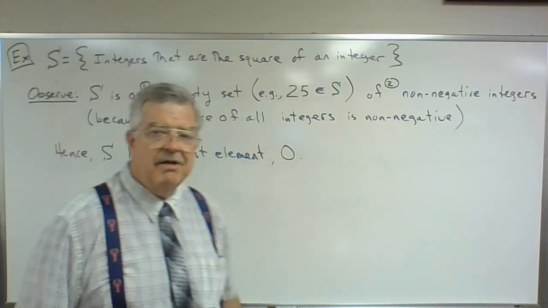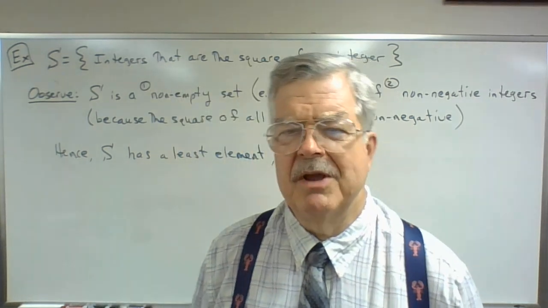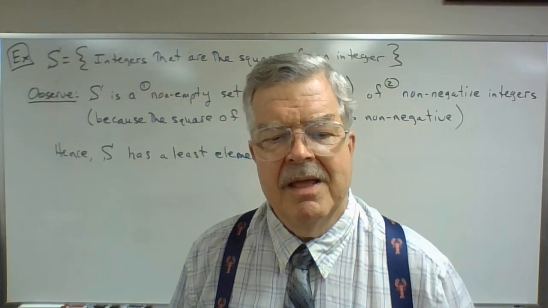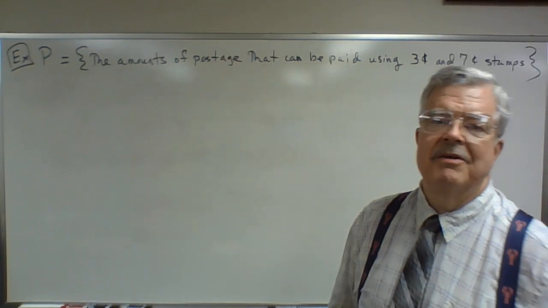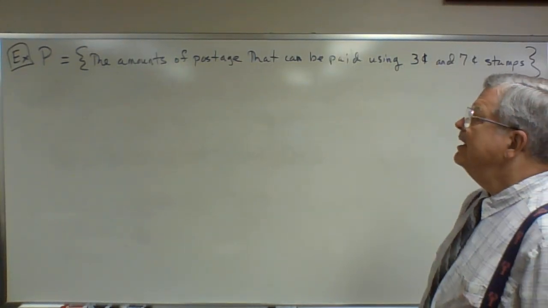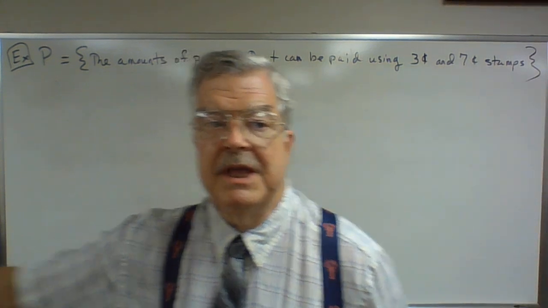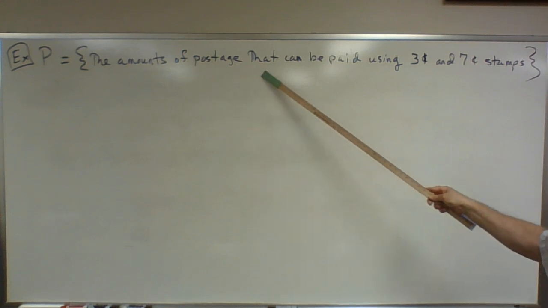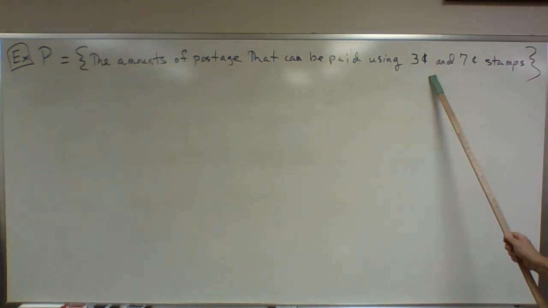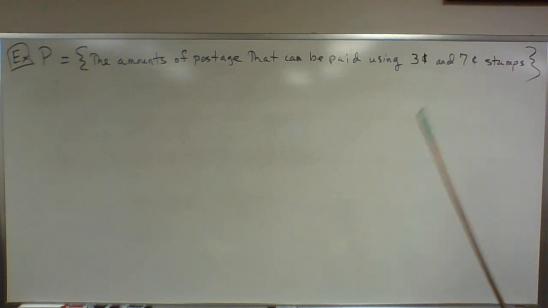Let's look at another example. Maybe the next one won't be quite so trivial. And then again, maybe it will be. We have the set P. P is the set of amounts of postage that can be paid using 3-cent and 7-cent stamps.